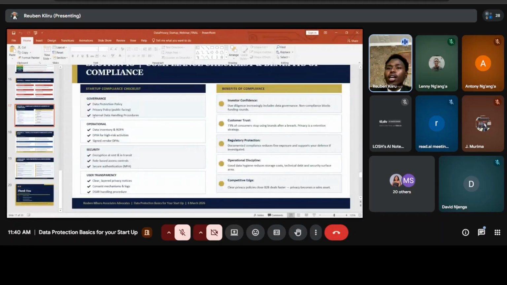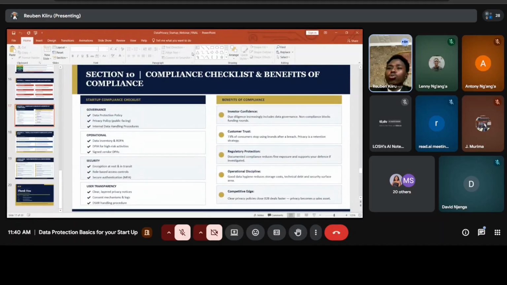Now, the other thing that we need to understand is to do a compliance checklist for your startup. Do a data compliance checklist that would be a bit straightforward. Do a governance, operational, and security checklist. Ensure you have a data protection policy or data privacy policy that is public facing. You have internal data handling procedures.